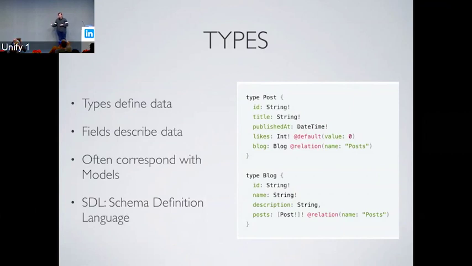In other libraries, you have to use that library's own ways to generate that schema. But your types will often, not always, but often correspond with the actual models that you have in your web application or whatever sort of application. So if you have a project model in your application or in your database, it's easy enough to create a project type in your schema, and then you can start querying for that, and then you're off to the races.